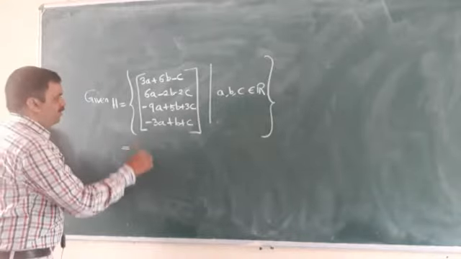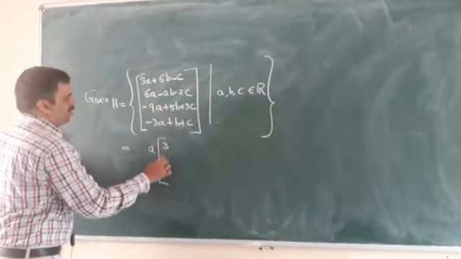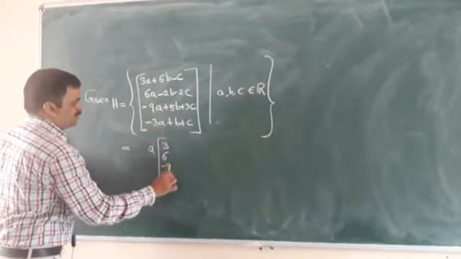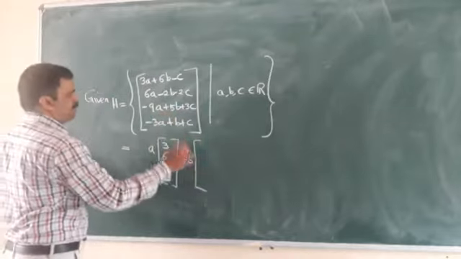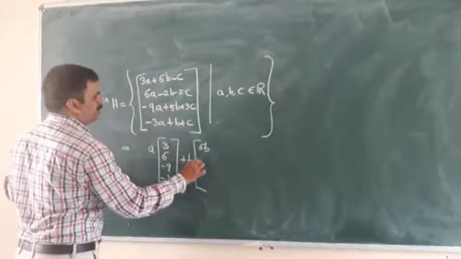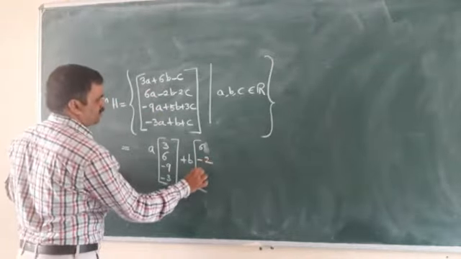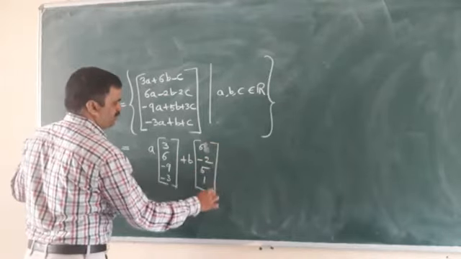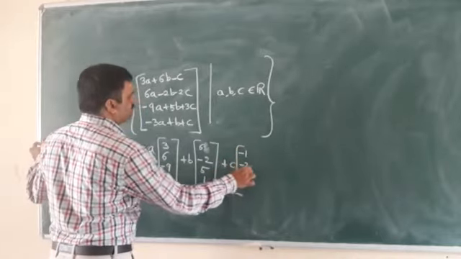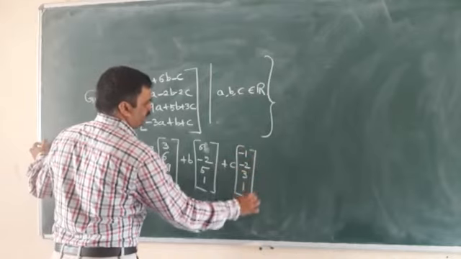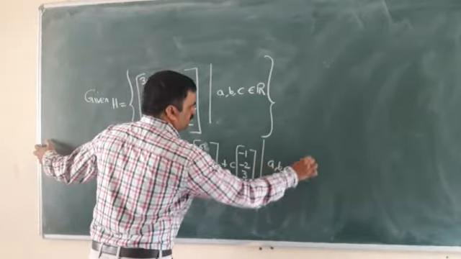First I can take a times 3, 6, minus 9, minus 3, plus b times 6, minus 2, 5, 1, plus c times minus 1, minus 2, 3, 1, such that a, b, c belong to real numbers.